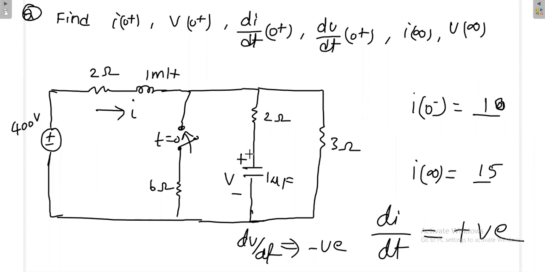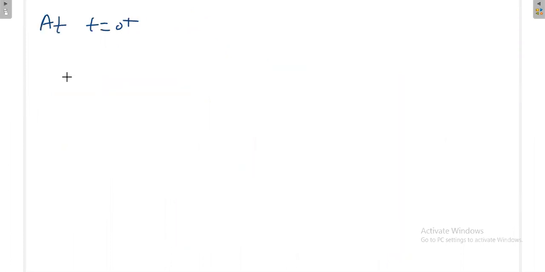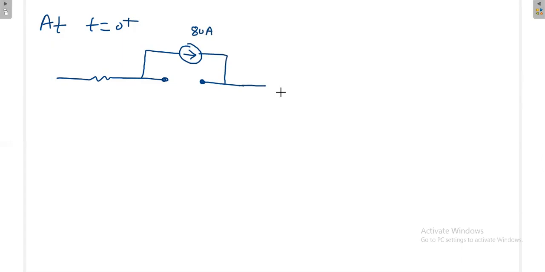Here also some initial voltage will be there. What is that initial voltage? That is 240. That also we have to replace with the corresponding equivalent circuit. Then it will be something like this. The inductor will act as an open circuit at the time of switching, but you have to mention that the current flowing through the inductor is 80 ampere. I'll mention it like this. Then the 6 ohm branch will be included after the switching.